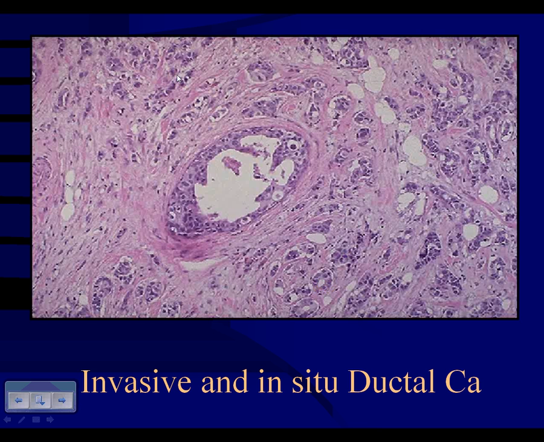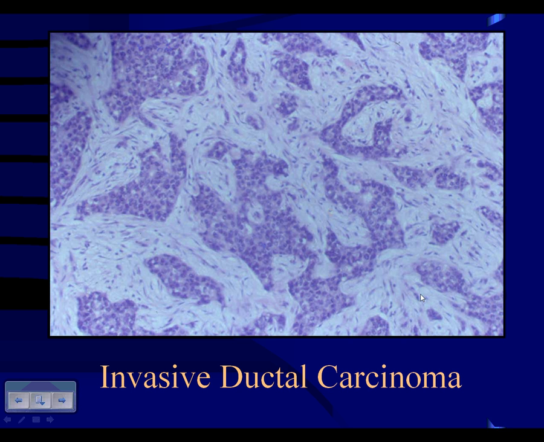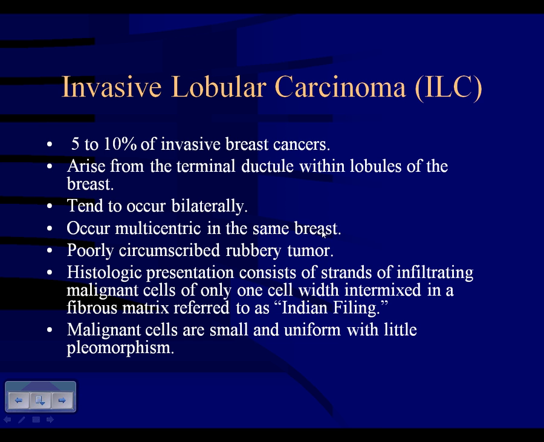Remember, this is a type of adenocarcinoma, so it's going to look like invasive adenocarcinomas do in other locations. Here's one with more solid nests and a very dense desmoplastic stroma surrounding them that gives it its hard consistency on gross exam.